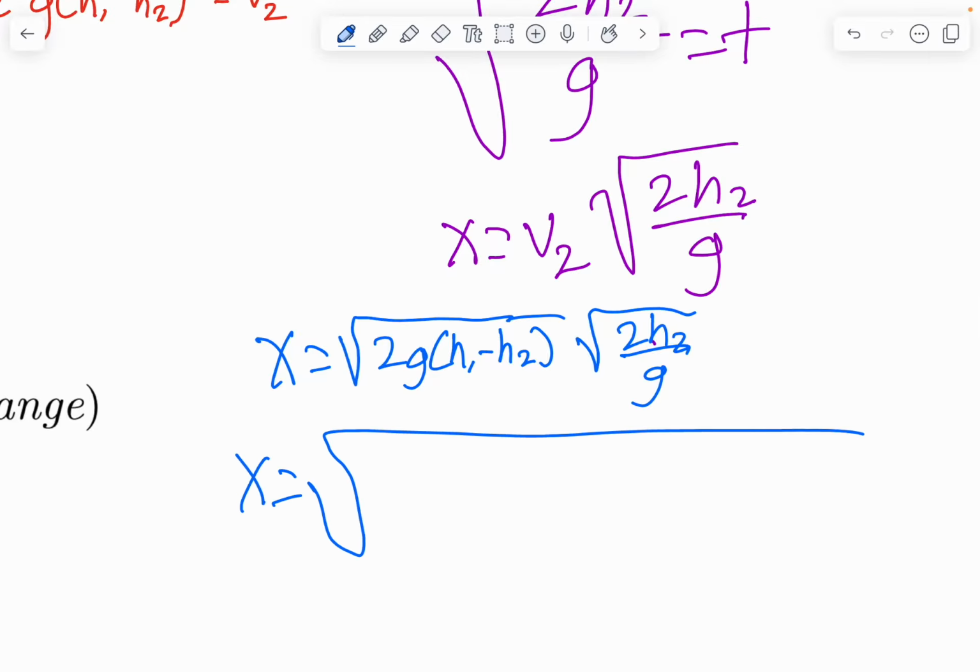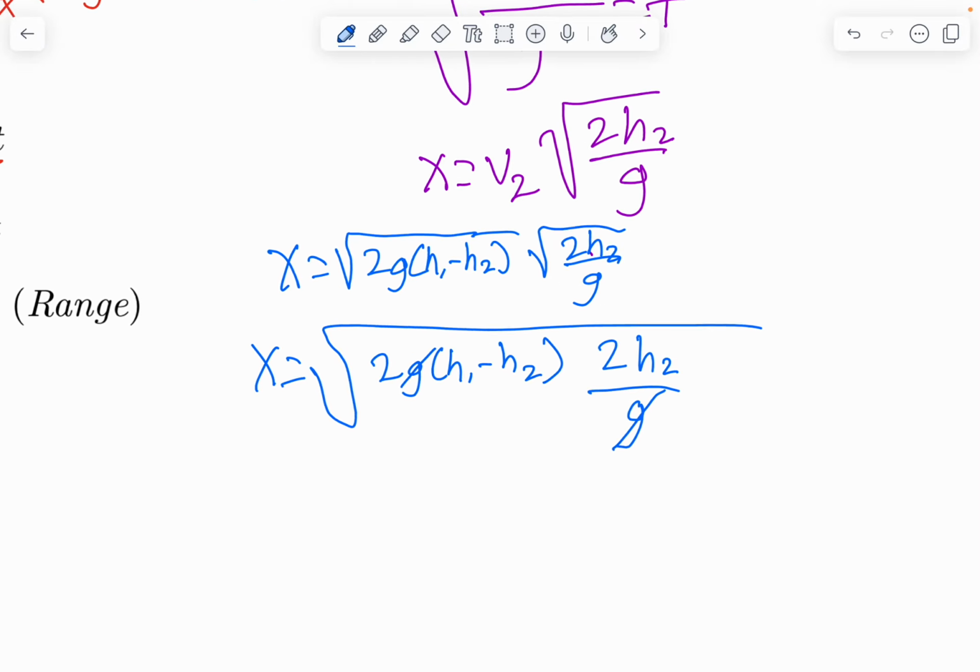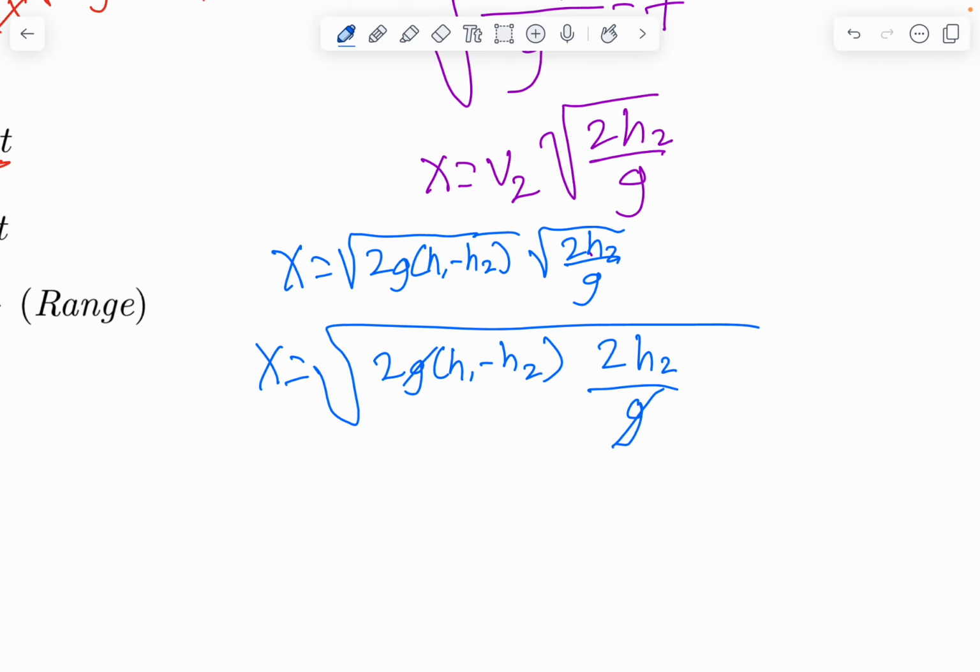So x is the square root of 2g(h1 minus h2) multiplied by 2h2 over g. So you have a g on top, g on bottom, that's gone. And then I'll just pull out 2 times 2 is 4, so I'll pull out the square root of 4, which is 2. So then x is equal to 2 square root of h2 times (h1 minus h2).